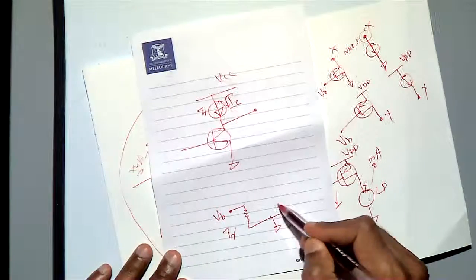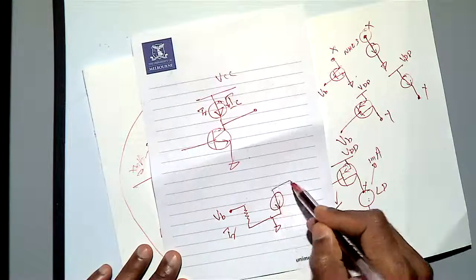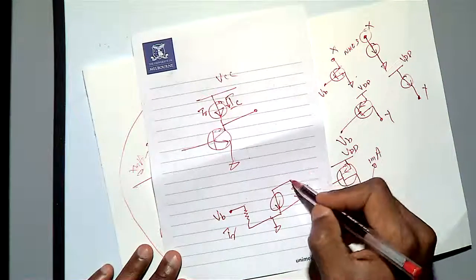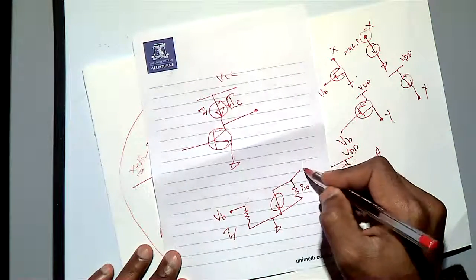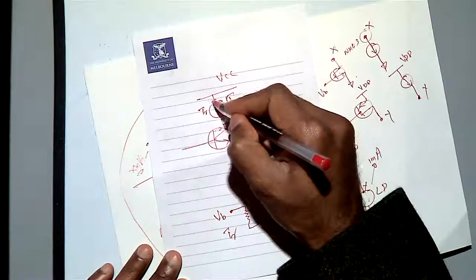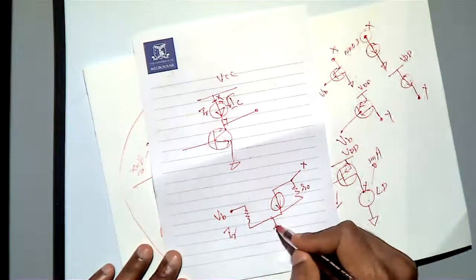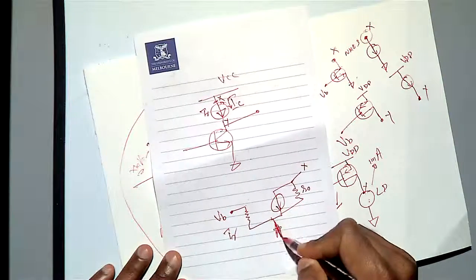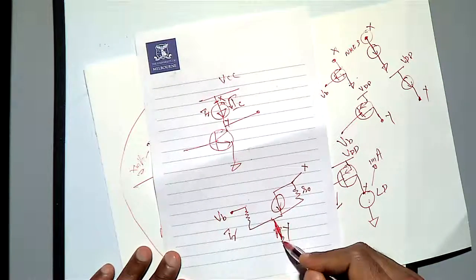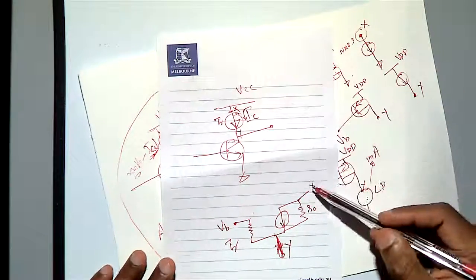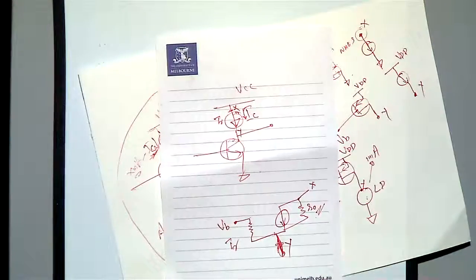Then you get a current, but you also have your RO. This is a point X, this is a point Y. You are going to connect it here, X, Y. But then the problem is you have RO.